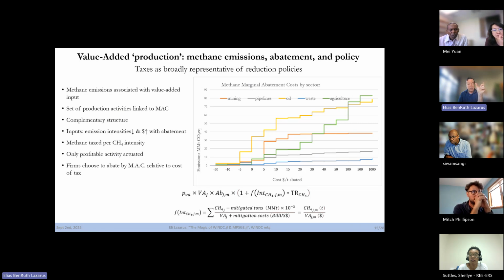It's cheaper than paying the tax. And therefore, because of the complementarity structure, that will be the level of abatement that's activated in the model, and the methane intensity will be lower. It's a little convoluted to explain maybe, but that's the basic level.